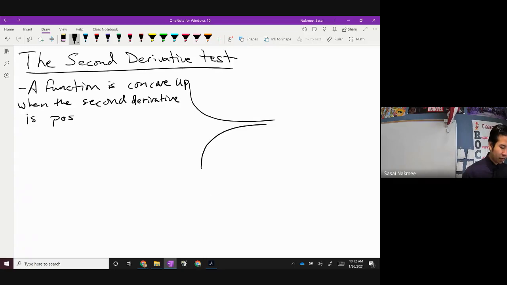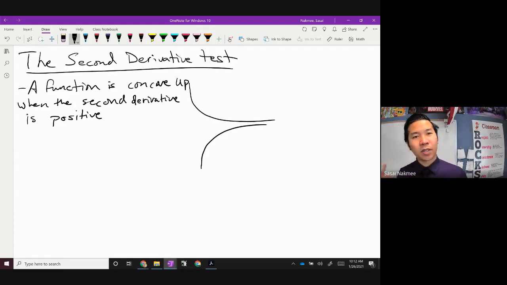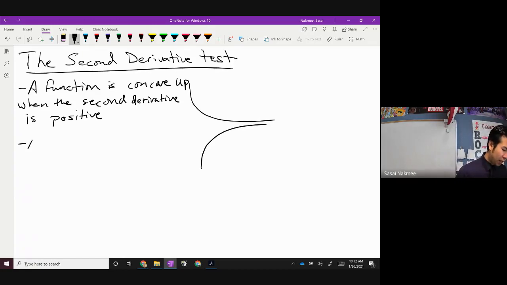That's it. If the first derivative is positive, the function is increasing, going upwards. If the second derivative is positive, it is concave up. And the second derivative also tells you when a function is concave down.